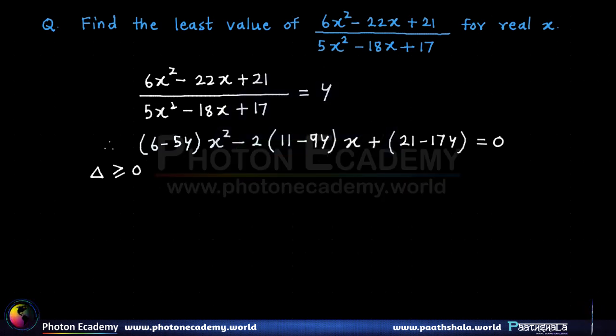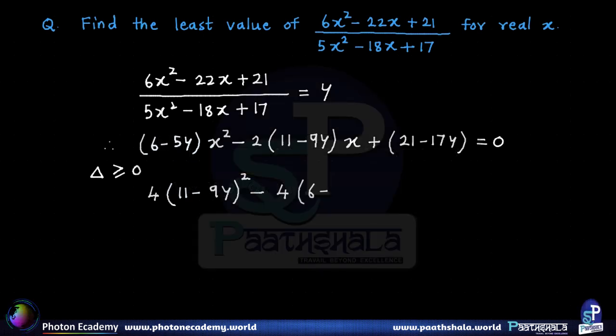So therefore we have the condition b square minus 4ac. So on substituting the values, we get 4 into (11 minus 9y) the whole square minus 4 into (6 minus 5y) into (21 minus 17y) greater than or equal to 0.